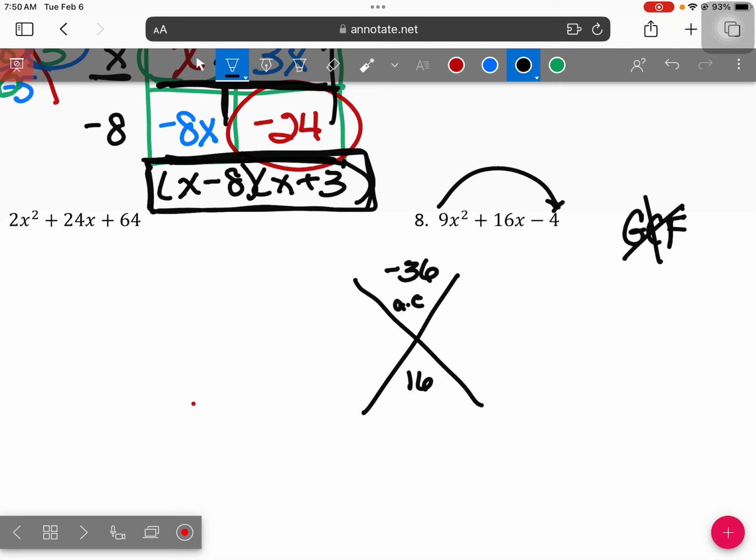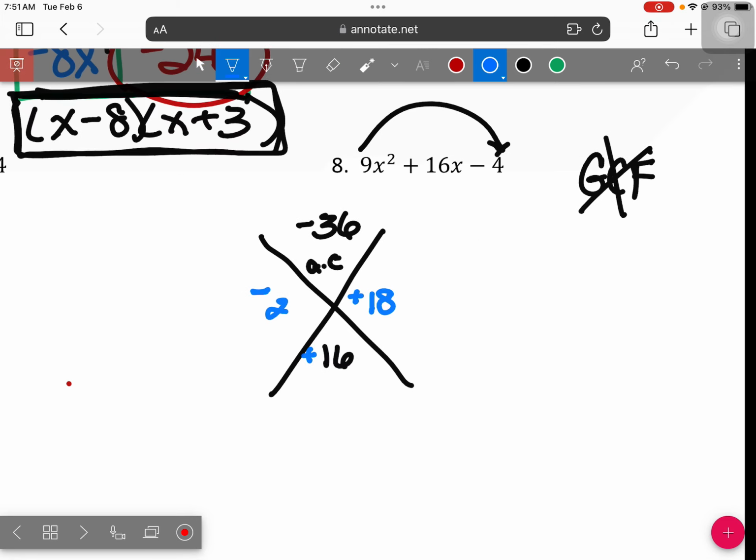So factors that multiply to give you negative 36 and add to give you 16. 2 and 18. So 2 and 18, but one of them's got to be negative. Negative 2, because the 16 is positive, your larger digited number would be positive.